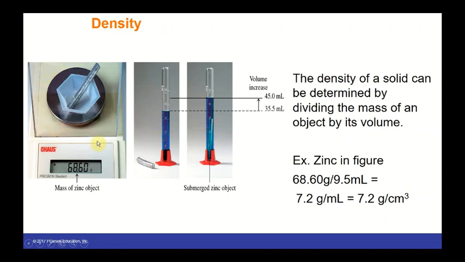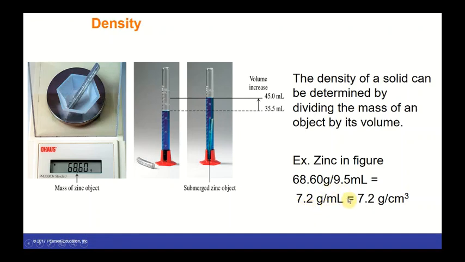Therefore, once we have the mass of the solid that we can take on an analytical balance, we can find the density by putting 68.60 grams over 9.5 milliliters. We got that from the displacement method. We end up with 7.2 grams per milliliter.